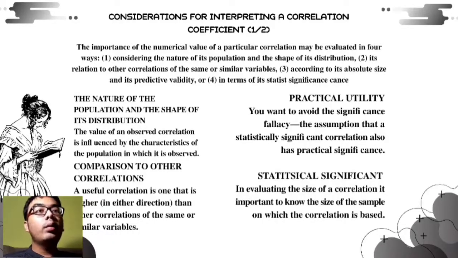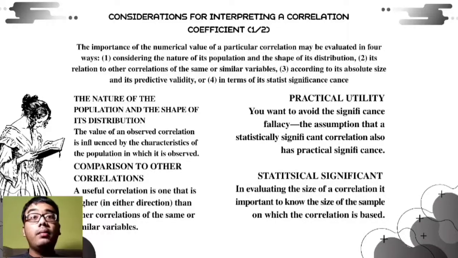To avoid the error of inferring a relationship in the population that does not really exist, the researcher should state the null hypothesis that the population correlation equals zero and then determine whether the obtained sample correlation departs sufficiently from zero to justify the rejection of the null hypothesis.